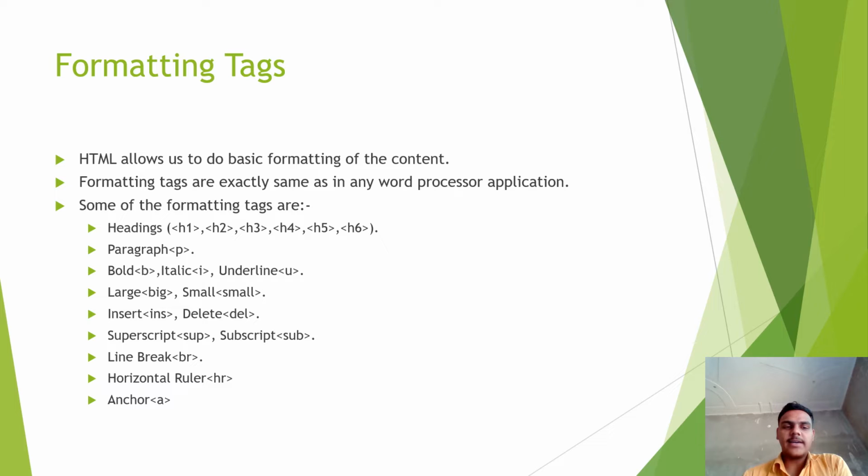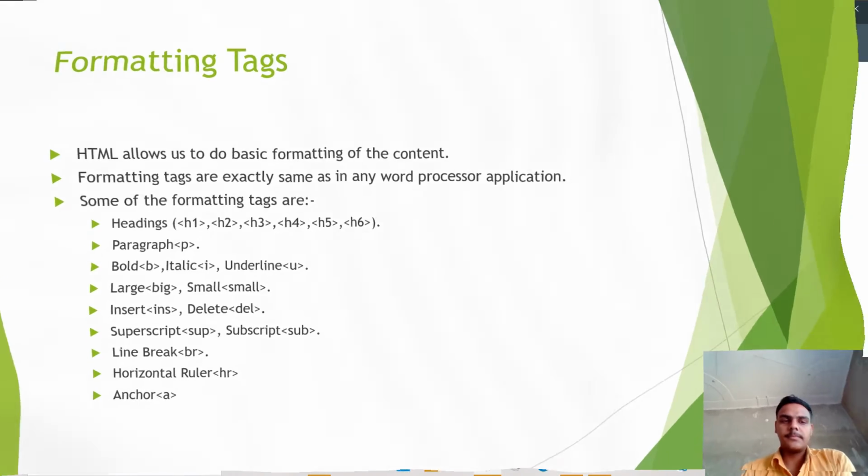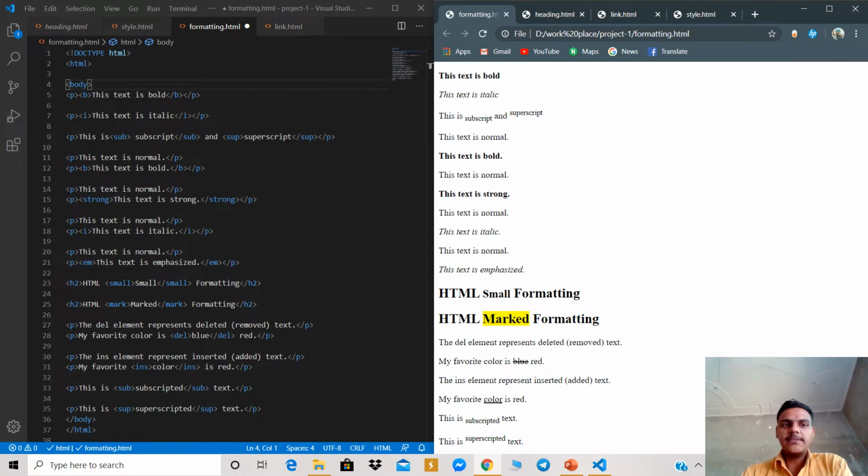Some of the formatting tags are heading, para, bold, italic, underline, large, small, insert, delete, superscript, subscript, line break, horizontal rule, anchor. As you can see, we have used some of the formatting tags here to make you understand how the formatting tags are used.